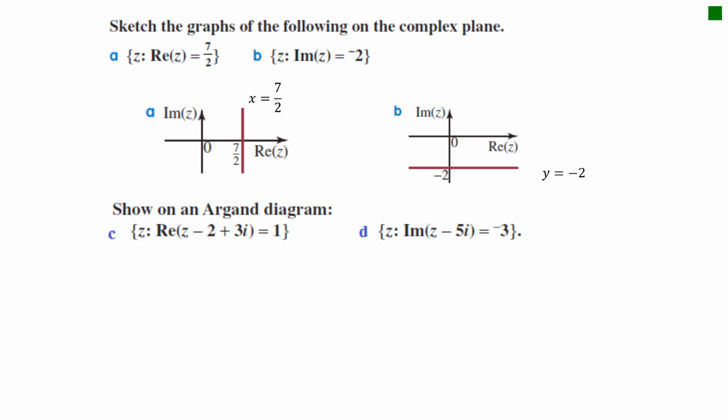What about the other two? Now clearly we know what real Z equal to 1 is. It'd be a vertical line going through (1, 0) parallel with the y axis. Now what I'm doing though is applying it not just to complex numbers but to complex numbers which have 2 subtracted from their real component and 3 added onto their imaginary component.